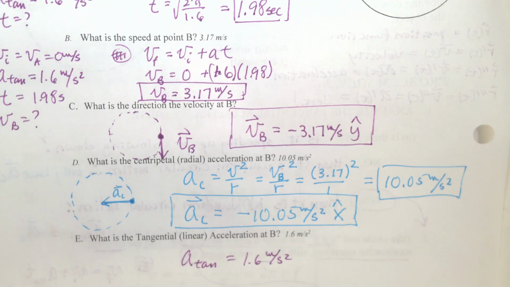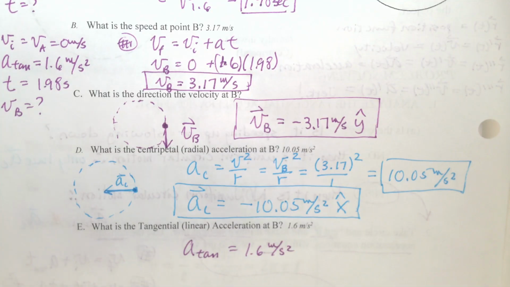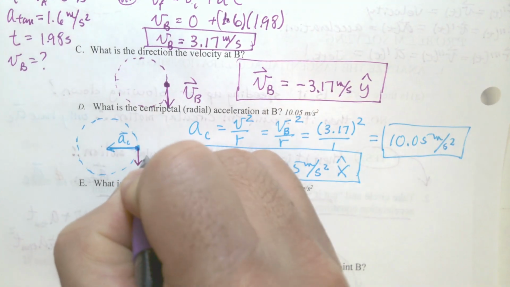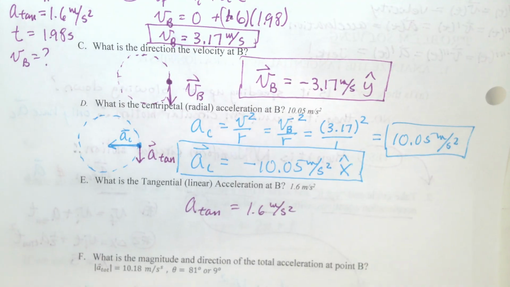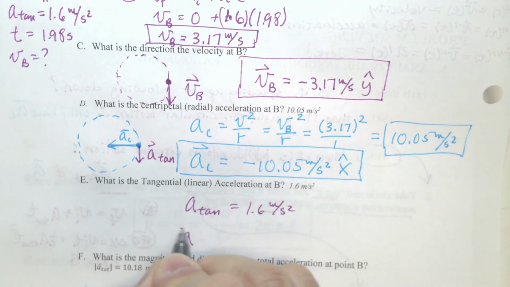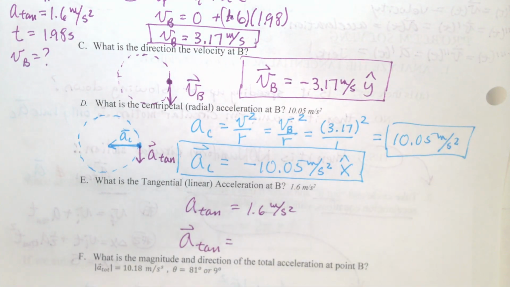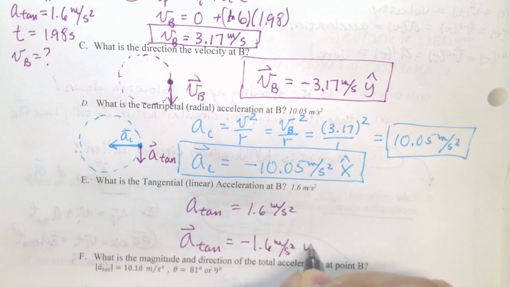It's tangential. So which way is it? The direction of A tangential is down. So to complete this, my A tangential can be represented as negative 1.6 meters per second squared y hat.